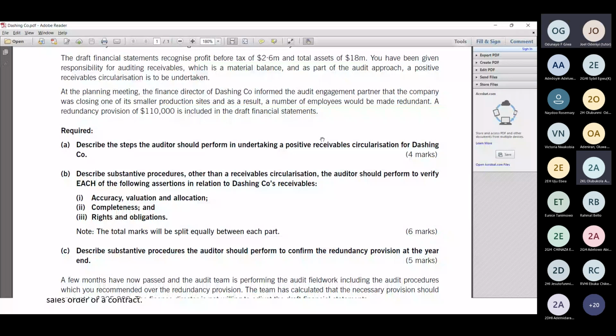Okay, so let me explain what Odaya is saying so that everybody understands. The criteria is that before you make a provision, you must first have formally communicated your plan to the affected employees, essentially the labor unions. Everybody should be aware. You are not required to recognize a provision until you've taken these steps, and until you're very certain that you're going to incur this expenditure.